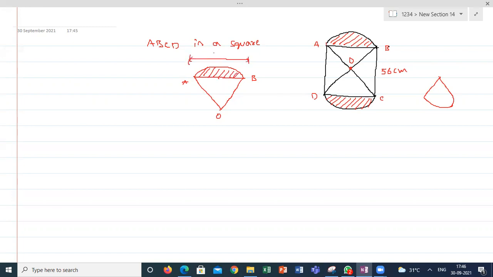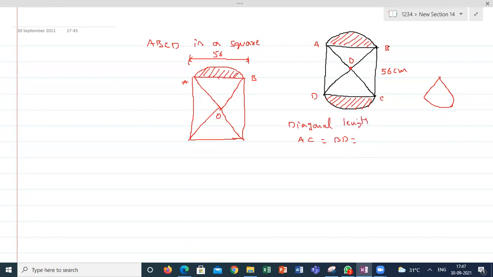And the data they gave is only this length, 56. That means they gave the chord length. And they gave one more piece of information: this is the diagonals of a square. So your diameter is the diagonal of a square. How to calculate the AC or BD value? Students, what is the diagonal length here?